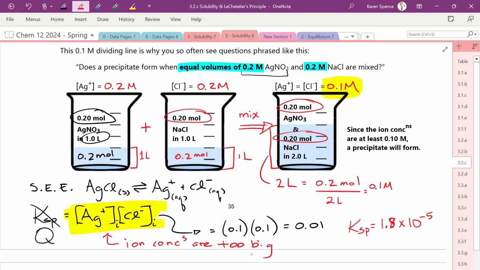If our ion concentrations are too big, will we form a precipitate or no? Yes, we will. If your ion concentrations are too big, it means there's not enough room at the inn. Like you go to the hotel and there's no rooms for you, right? Too many people have tried to check into the hotel at once. And so you get a precipitate.